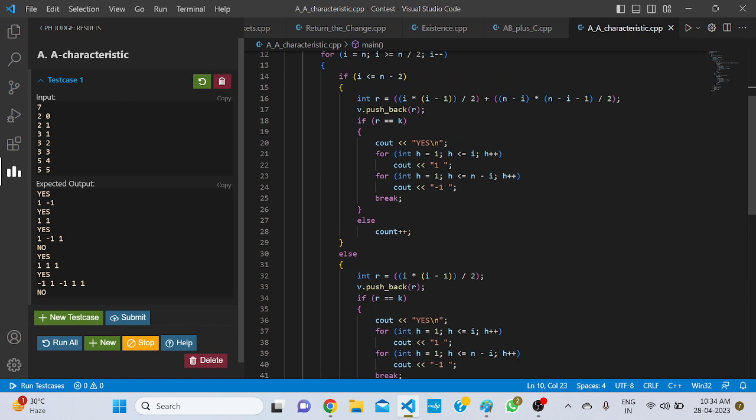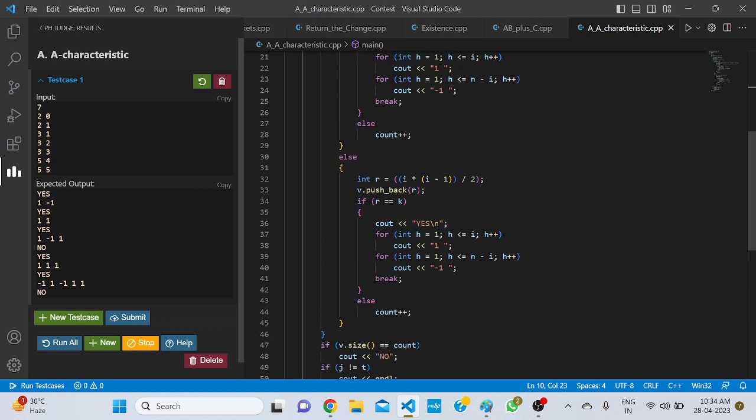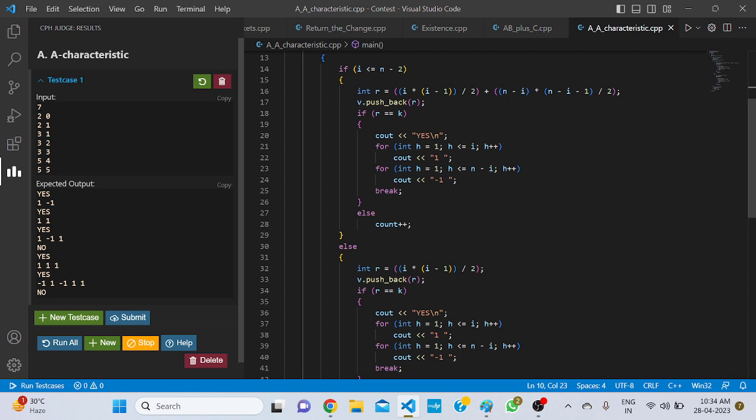Similar thing is here. For h equal to 1 up to h equal to i, we will print 1, and for h equal to 1, h less than or equal to n minus i, we will print minus 1, and we will break the loop. After breaking the loop, one more thing: if our r is not equal to k, meaning the given k is not in the vector, then we will make a counter which is increasing.